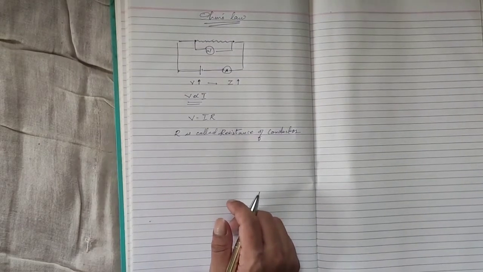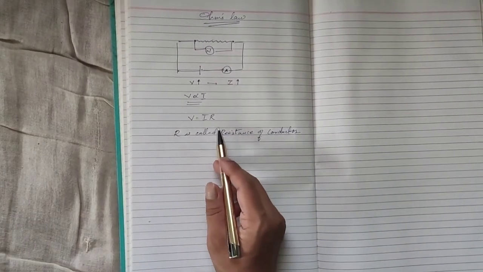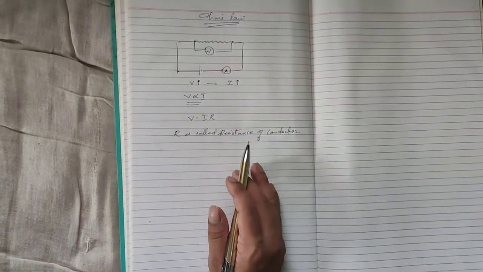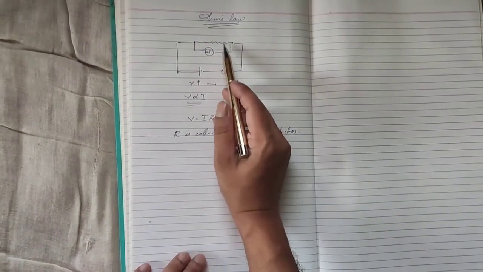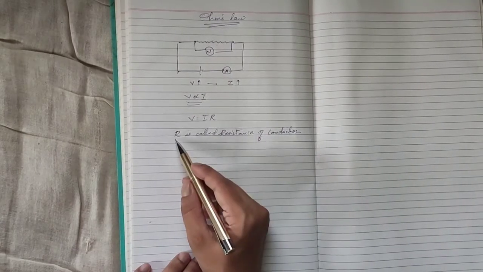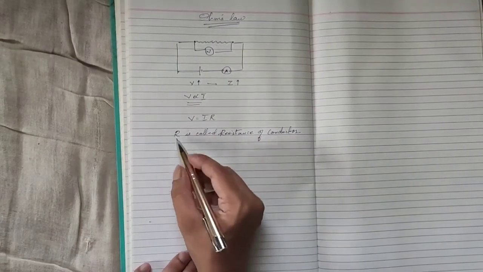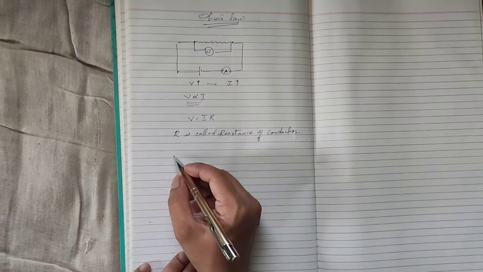Now what does resistance mean? Every conductor has an ability to oppose the flow of charges, and this ability is known as resistance.